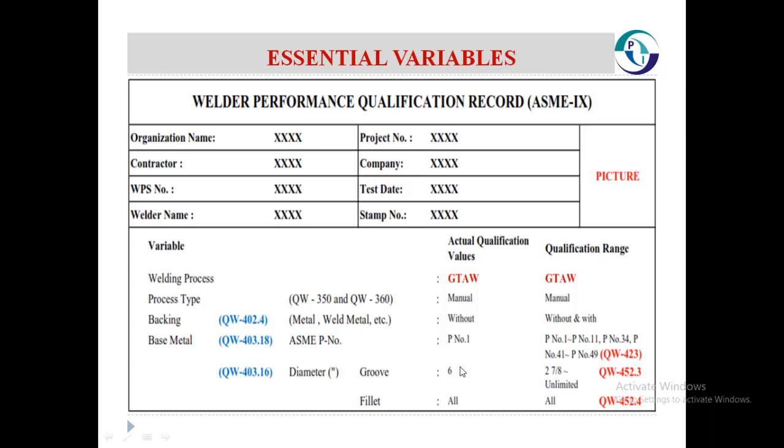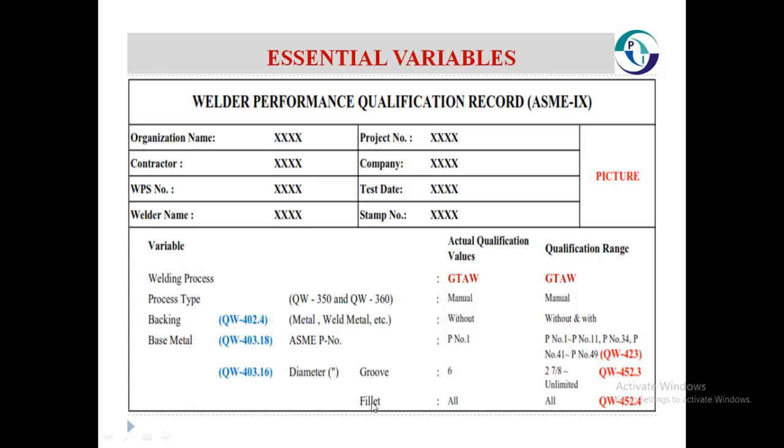If the diameter of the test coupon is more than 2-7/8 inch or 73 mm, the minimum will be 2-7/8 or 73 mm and the maximum will be unlimited. So in our case the test coupon diameter is 6 inches, so the qualification range will be 2-7/8 inches to unlimited.